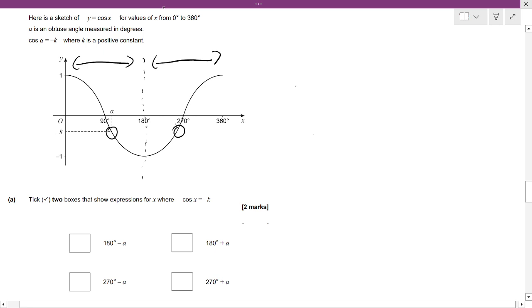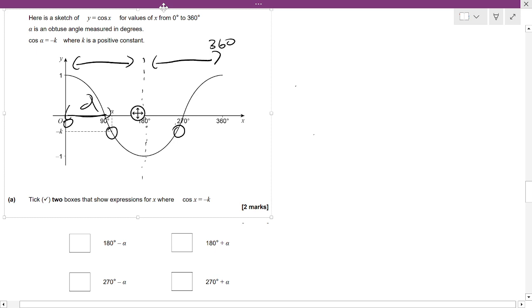What that means is the difference between 0 here, x is 0 and x is alpha, the difference is alpha here, right? The same difference here has to be, therefore the next solution has to be between 360 and alpha here, okay?